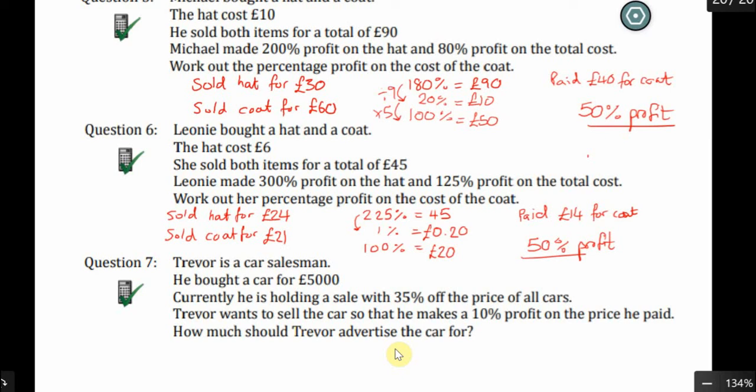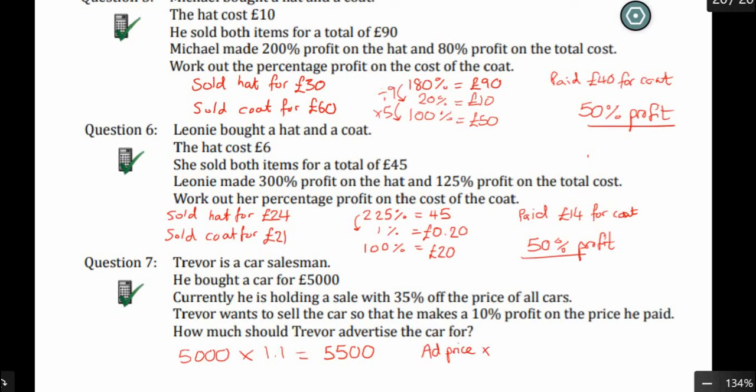Okay, so we want £5,000. We want to increase that by 10%. So we would times by 1.1, and that would give 5,500. That's how much he wants to sell the car for, but he wants that to be 35% less than the price advertised. Okay, so the advertised price, I'll just put ad price.